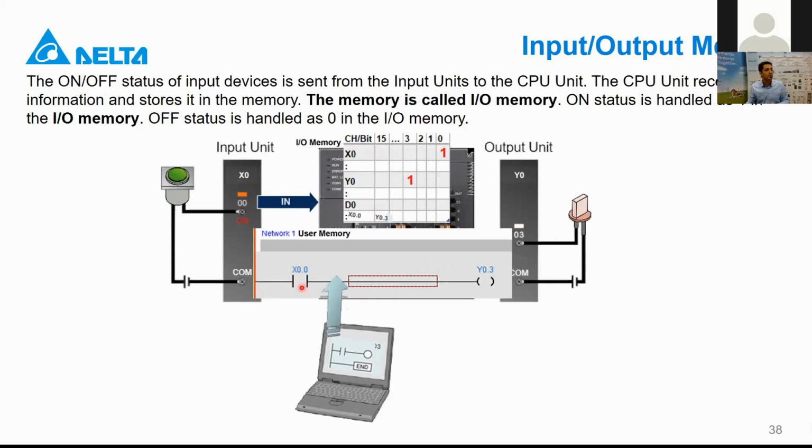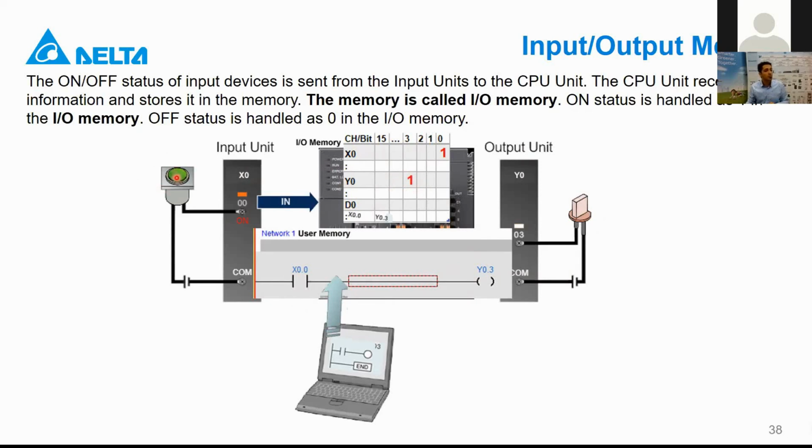For instance, at the beginning, x0.0, the real first digital input, is 0. Checking the table, it is 0. So it is false.